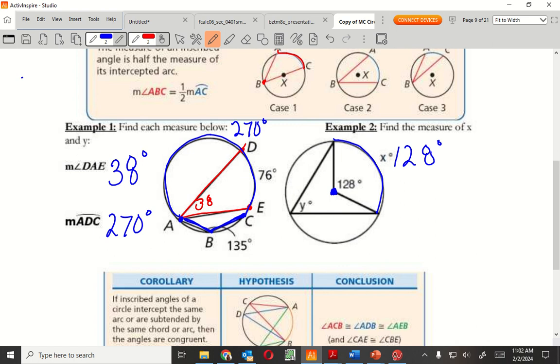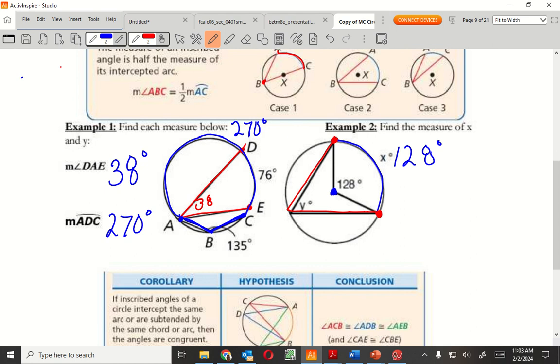Okay, so now let's go ahead and switch it up a bit. This one is looking for y. From here to here is 128. Now let's do the inscribed angle, which is touching on the inside of the circle, over at y. We know that the inscribed angle should be half.